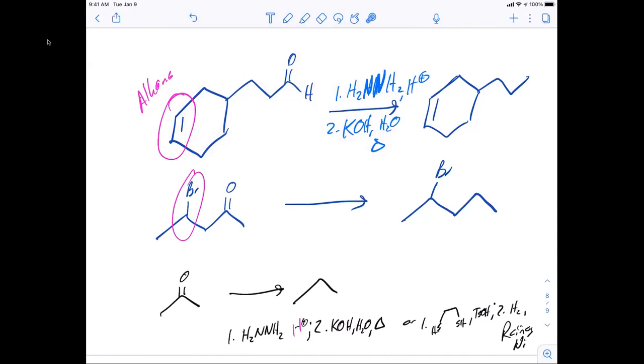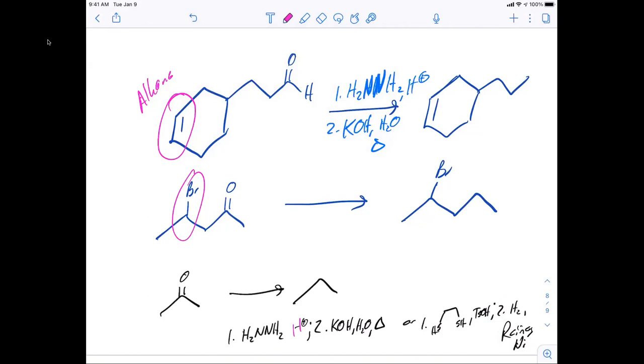If we look at the other one, is there any problem with the bromide and the sulfur? No, not in general. The bromides and sulfides sometimes react together, but usually as Br2, not as the alkyl bromide. And then HBr, hydrogen and Raney nickel. No, we don't know of any reactions, right?